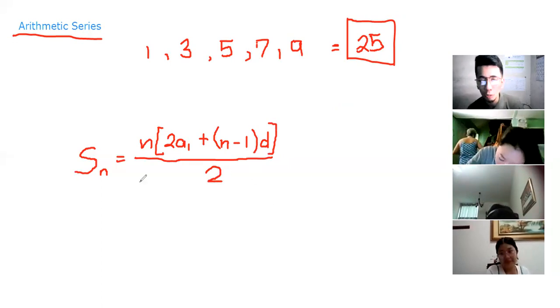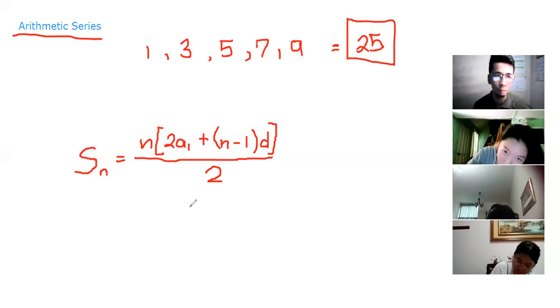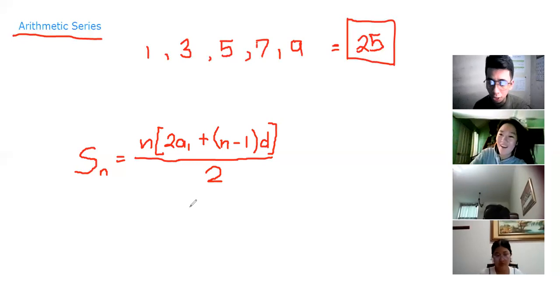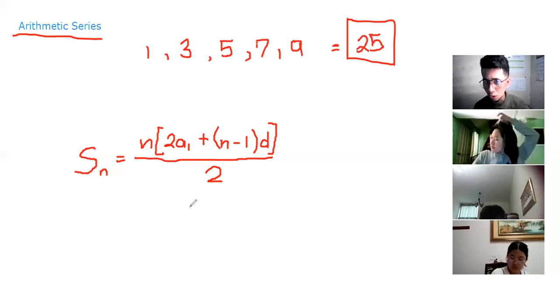Okay? So we have the formula in getting the sums of all the sequence. And that is S sub n is equals to n multiplied with the quantity of 2 a sub 1 plus n minus 1 times d all over 2. Okay? So, ito yung formula natin.